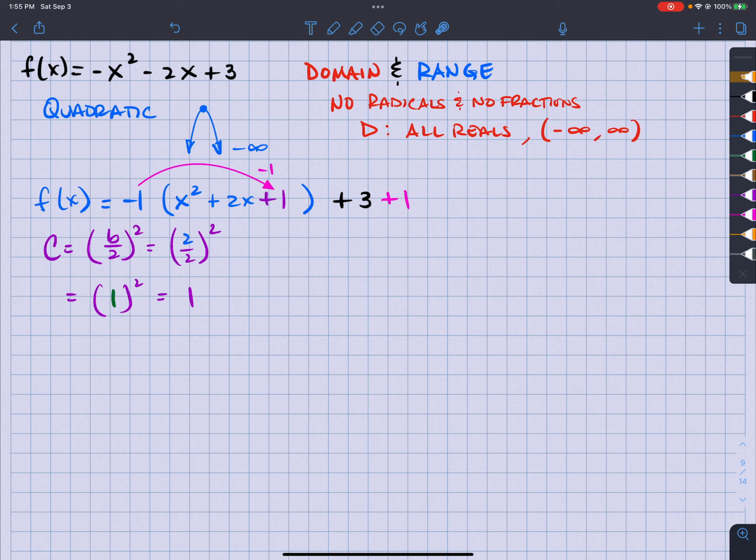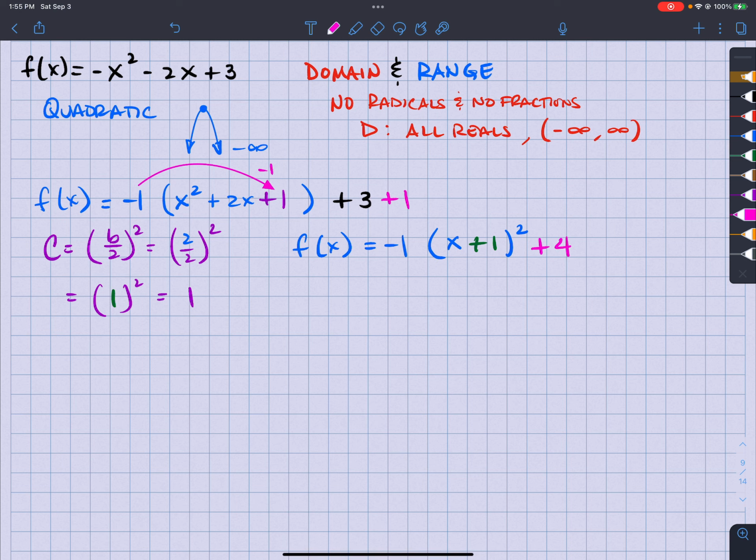So now, when I rewrite this, I can rewrite it as f of x is equal to that -1. I have to factor this. And that's actually going to factor out to be x plus 1 squared. And I hope that you guys can see where that plus 1 came from. And then I got to add these two together, so that way it's going to be a plus 4.